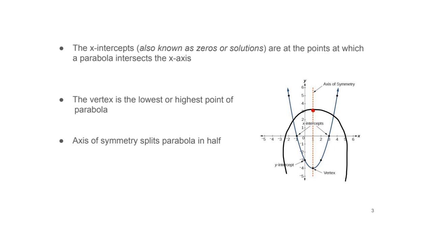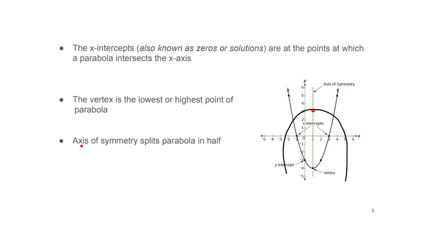But since this original one had the U shape, it's going to be the lowest point. If the parabola goes this way, the high point on the graph is the vertex. If it goes like this, the vertex is going to be the lowest point on the graph.